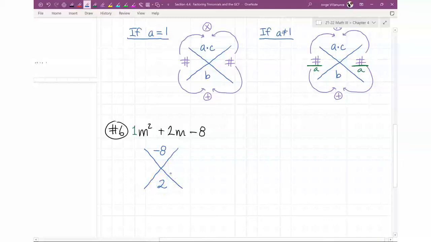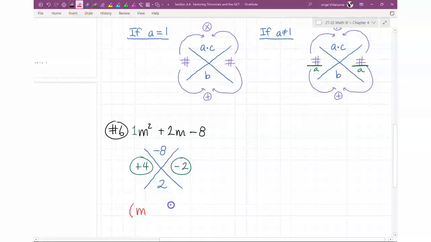Now, think of two numbers that multiply to negative 8 but could add or subtract to 2. 4 and negative 2. Perfect. So I'm going to put this in a different color here. Positive 4 and a negative 2. And notice I'm going to put little circles around them to basically say these are my answers. Okay? So how do I write this down? Well, here you go.